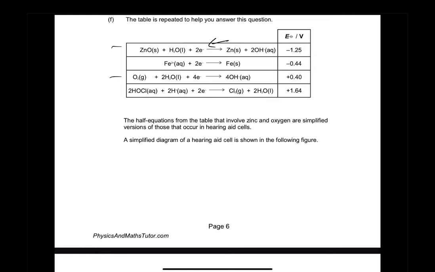So it is O2 plus 2Zn plus 4 hydroxide ions goes to form 2ZnO plus 2H2O, and the 4 hydroxide stays the same.